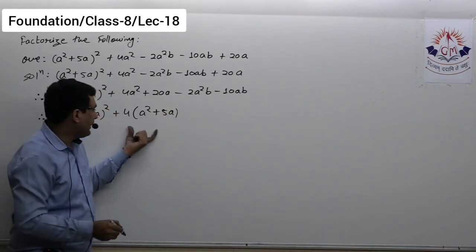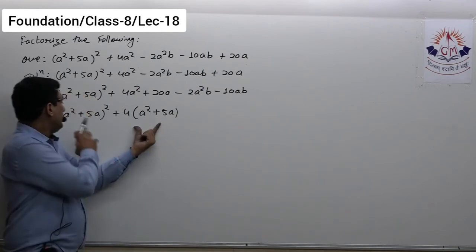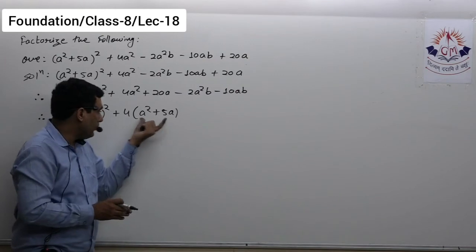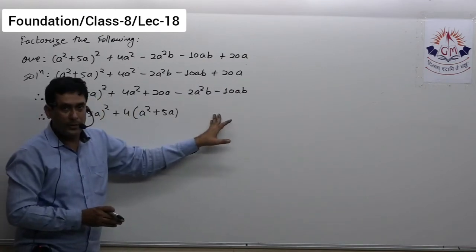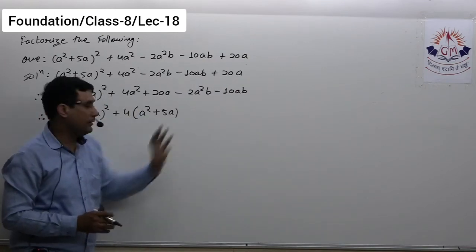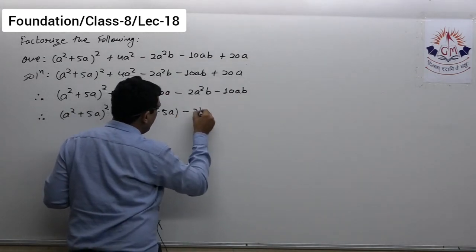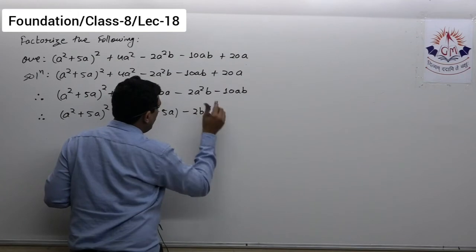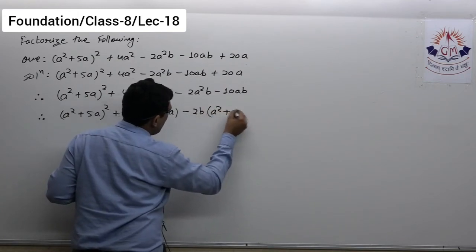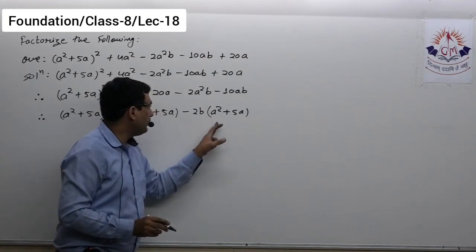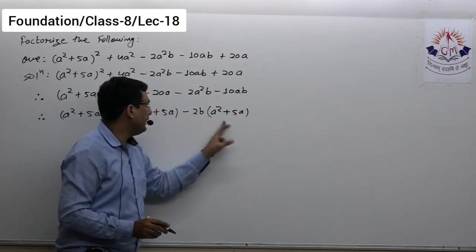My target was to get this quantity in this bracket, as well as in the next bracket by taking common from the next two. So from here I can take minus 2b common, so a square plus 5a. You can check, if you multiply this you will get minus 2a square b and here minus 10ab.